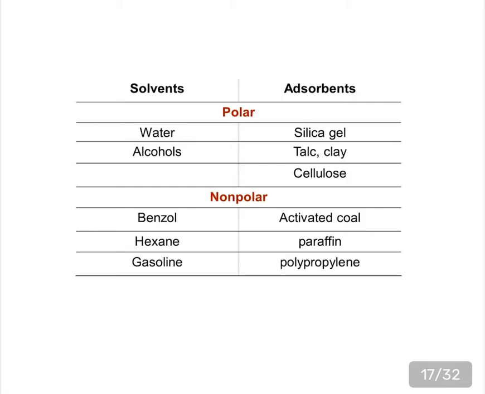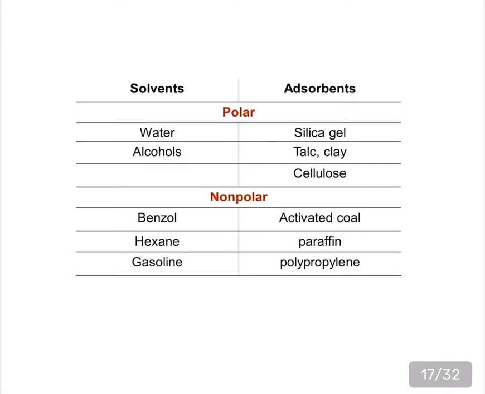What about solid material? Polar solid materials are silica gel or solid silicic acid, cellulose as a polysaccharide with OH groups, talc that is represented as magnesium silicate, clay, or iron oxide or iron hydroxide.